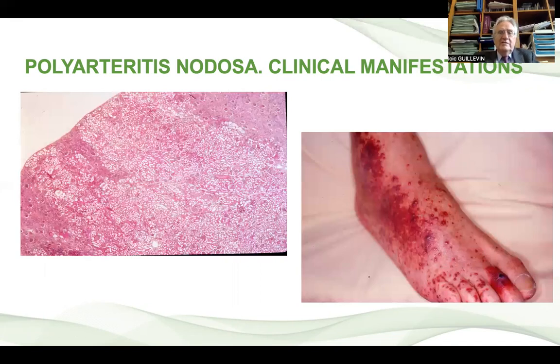On one slide, you see the foot with a vascular purpura. You see it's a purpura, you can touch it and you can feel the purpura. And if you make a biopsy, you will find in the deep dermis the presence of necrosis of the vessel. But the other side of the slide is very interesting because it is an autopsy and it is a kidney.